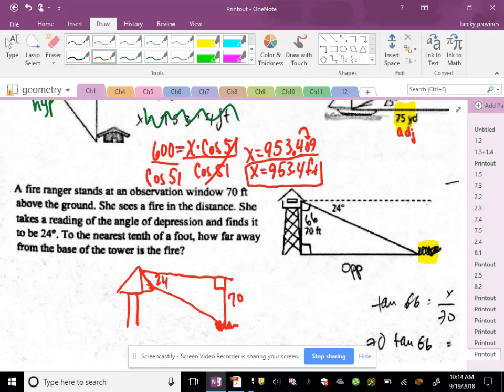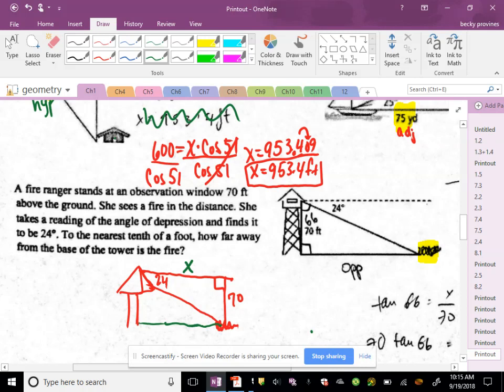Okay, so what else do we know? It says, to the nearest tenth of a foot, how far away is the base of the tower from the fire? So they're wanting you to find how far it is to the fire, which across the top is technically the same as across the bottom. So that is how far away it is.